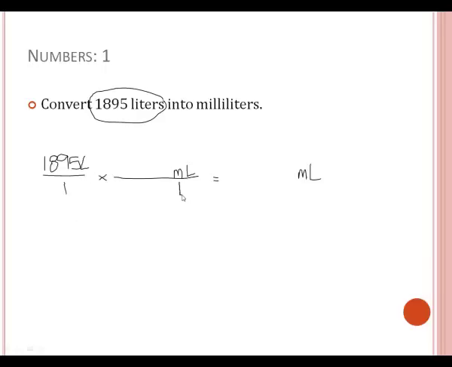So liters needs to go on bottom. So 1 liter has 1,000 milliliters. Milli is 1,000 times smaller. Kilo is 1,000 times bigger. So if we look now, liters cancels with liters. The only unit I'm left with is milliliters, which is what I want my answer to be in.